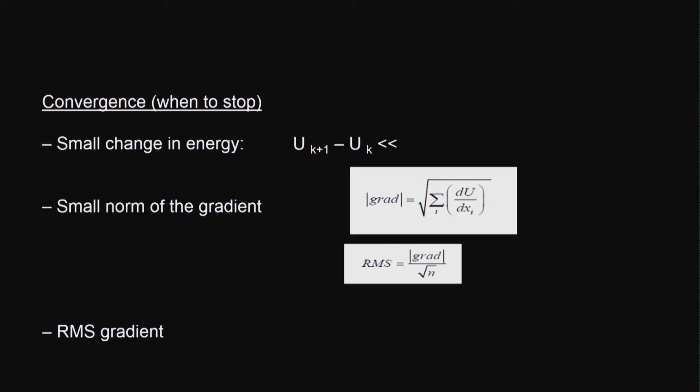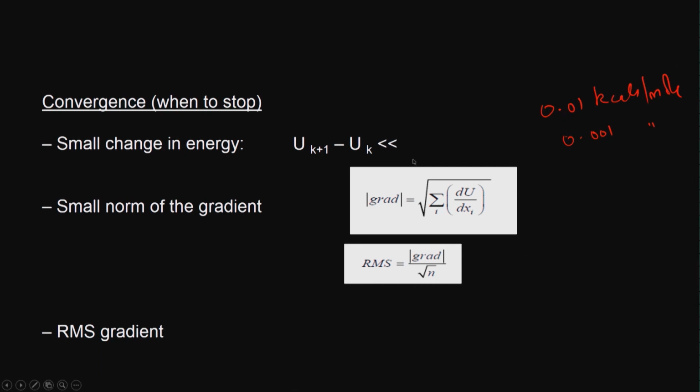When I get another confirmation, the change is very small, then I would say let me stop. Very small means I may give a number, like if the difference is 0.01 kilocalories per mole, there is no point, you may stop. Or if I am interested in more accuracy, I may say 0.001 kilocalories per mole. So depending upon the number I feel, I may give.